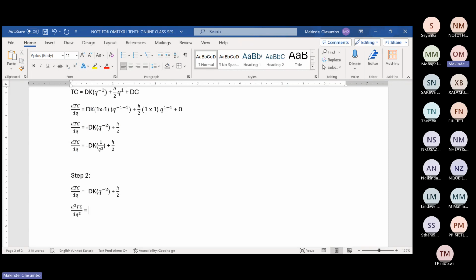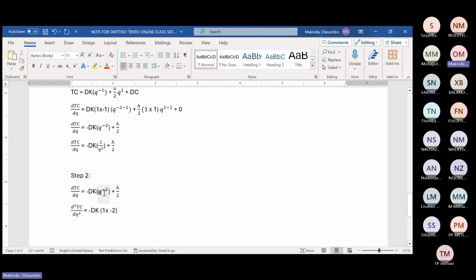Following the same principle, it will be minus DK. You know how to differentiate following how I differentiate dy/dx. The Q raised to minus 2 is 1, so that will give you 1 times, if you have mastered the procedure, times the value in the power, which is minus 2, so you bring that minus 2 down, following the same principle. Just follow it to the letter.